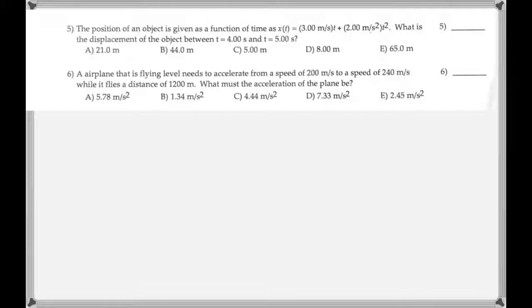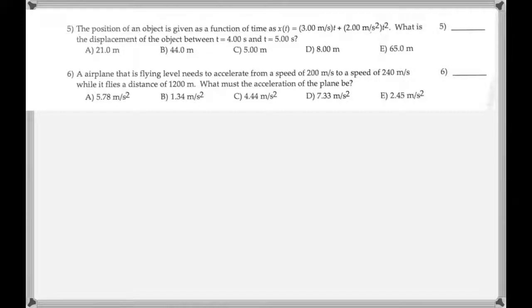Here, the position of an object is given as a function of time. So you have a function there, which is 3t plus 2t squared. And you're asked to find the displacement of the object between 4 seconds and 5 seconds. Remember that displacement is the change in position.